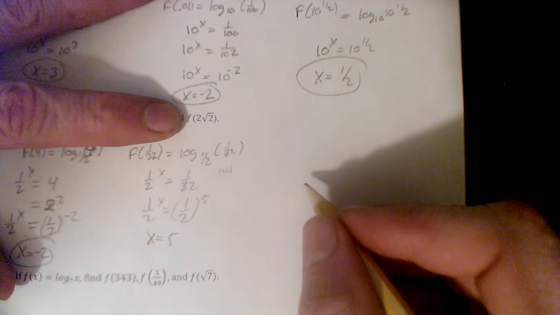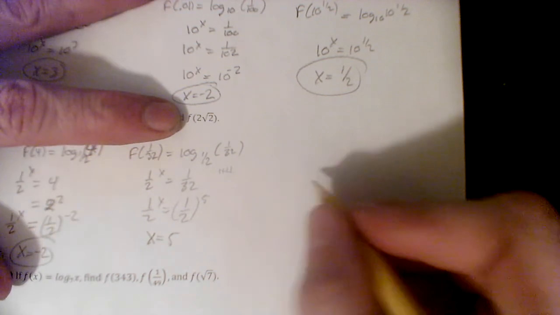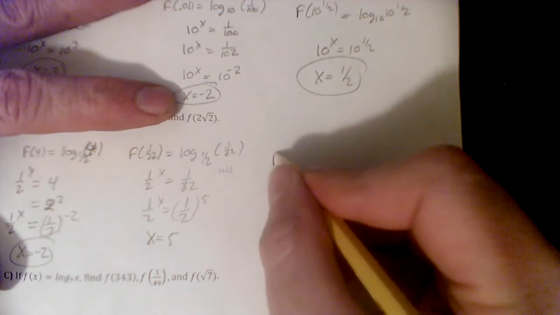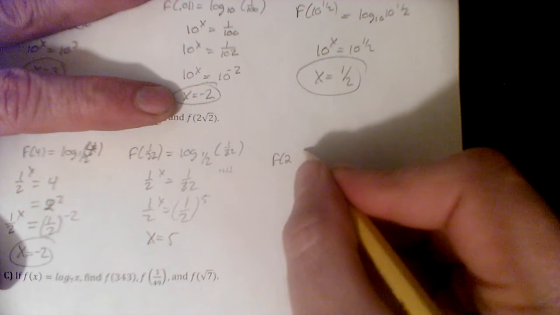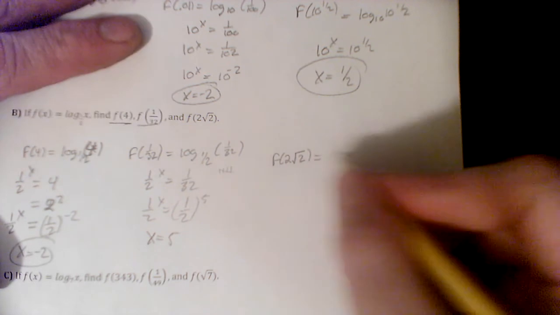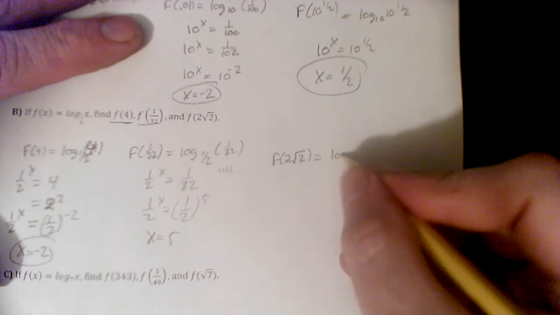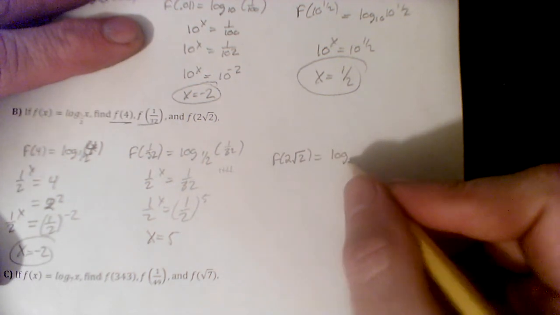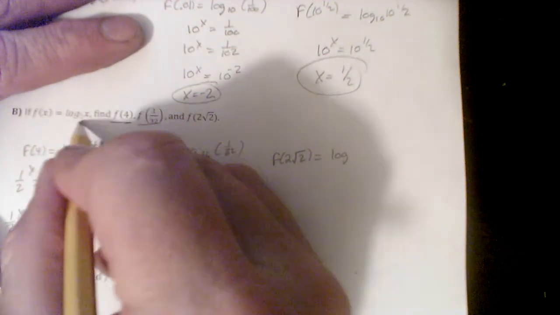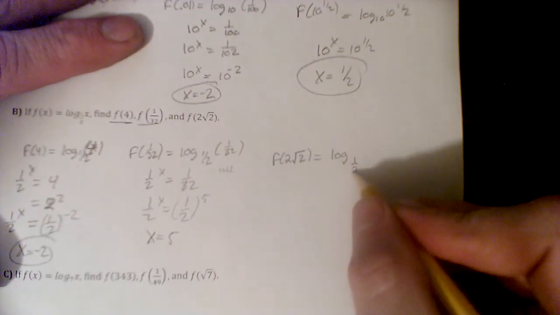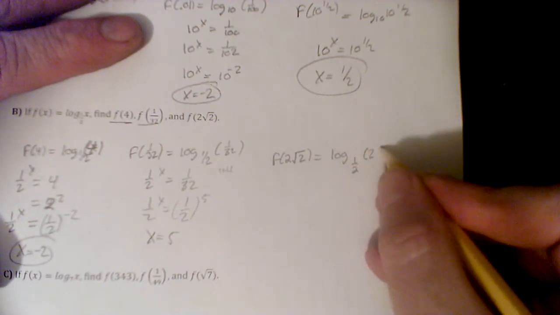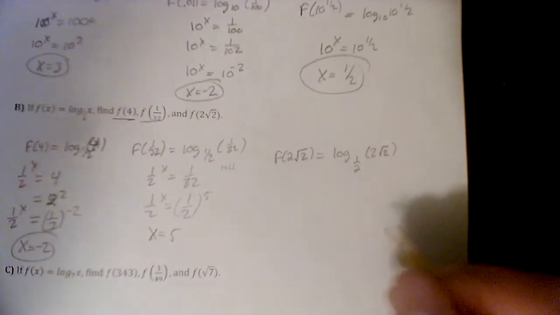This one's a little tricky, though. Let's look at what we're plugging in there. We are plugging in 2 radical 2. So f of 2 radical 2 is equal to log base, what's the base here? Base 1/2 of 2 radical 2. Well, let's rewrite this.